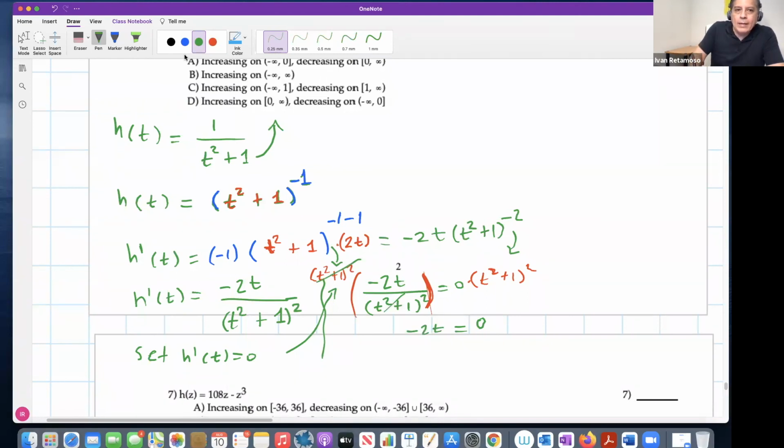At this point, dividing both sides by negative 2, we get that t is equal to 0. Great, this is my critical point.